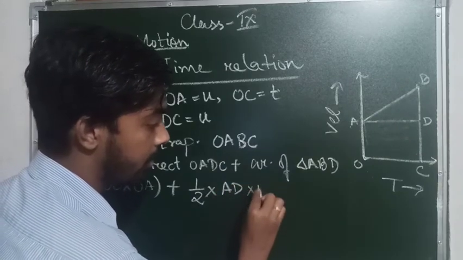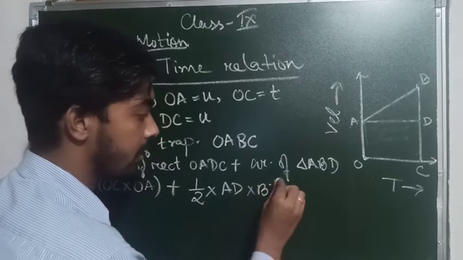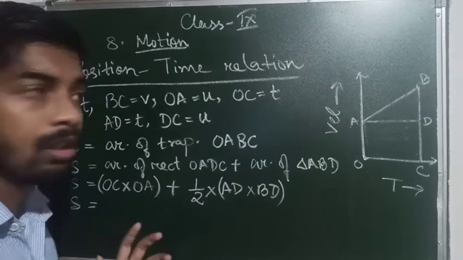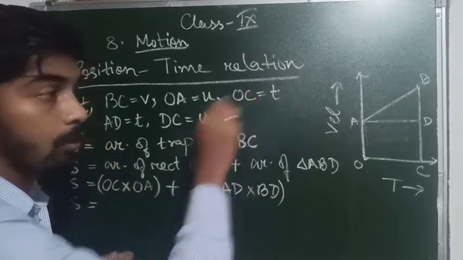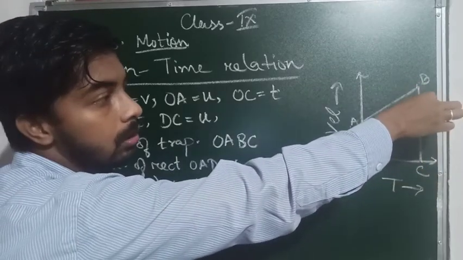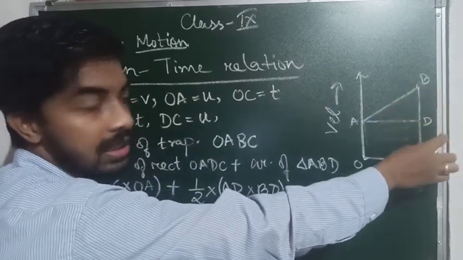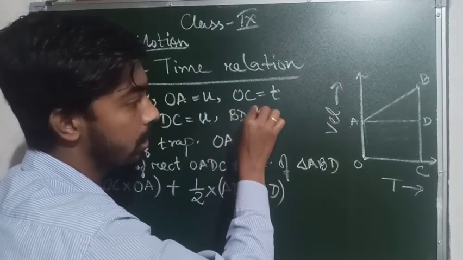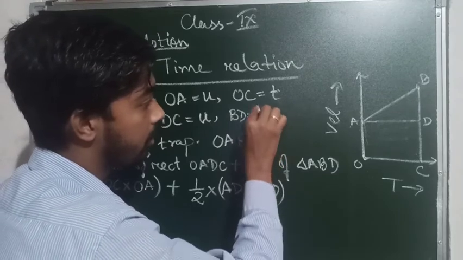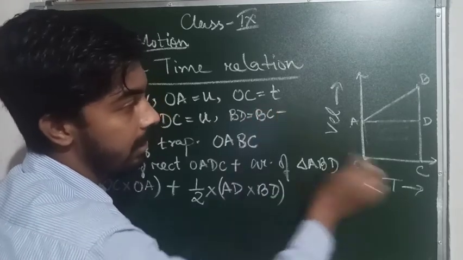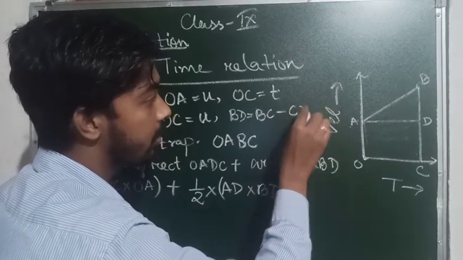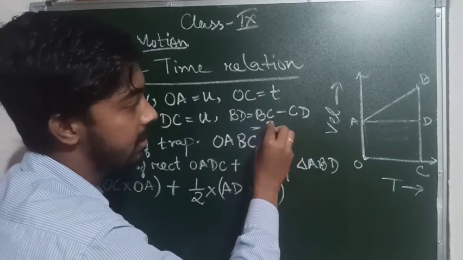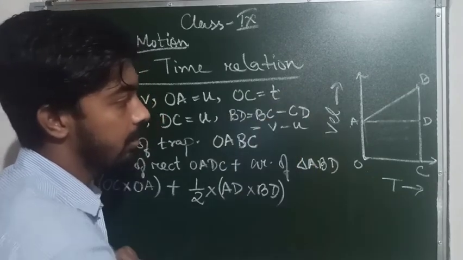So here again, last time if you remember, we wrote one more thing: BC is equal to BD plus DC, or here we can write BD is equal to BC minus CD, which we have used in the previous part also, where BC is V and CD is U.